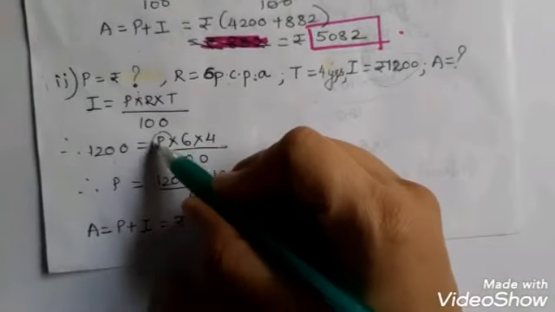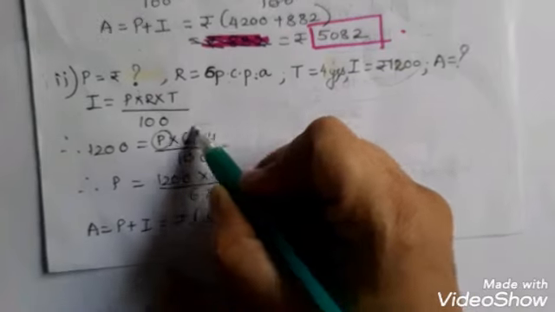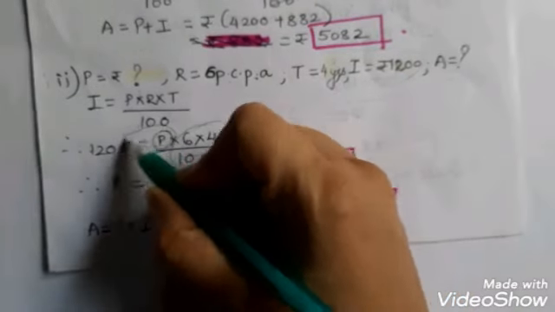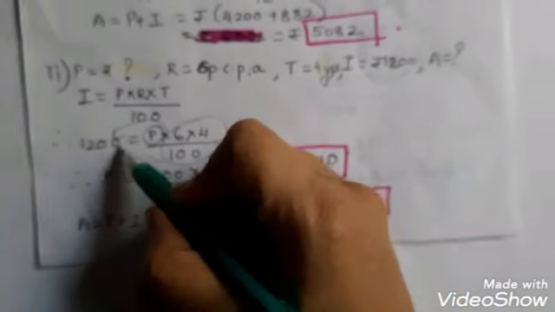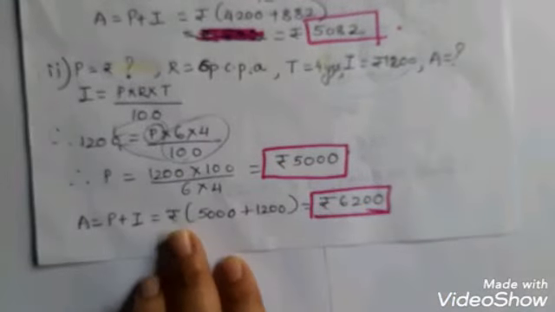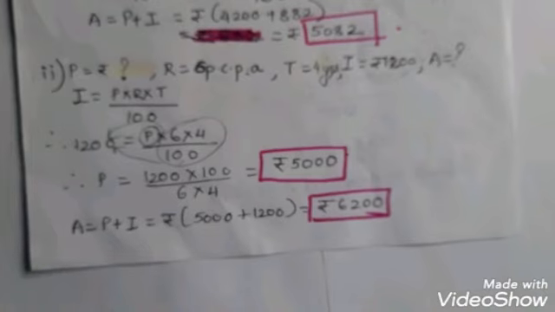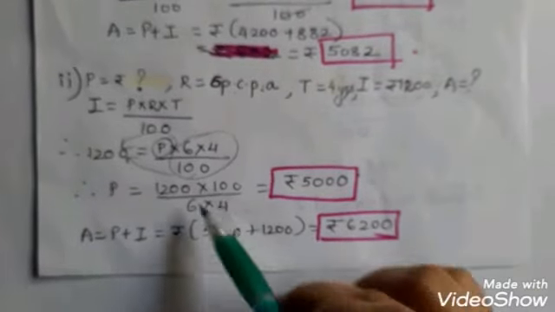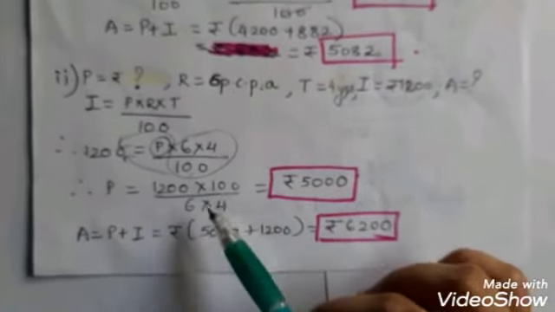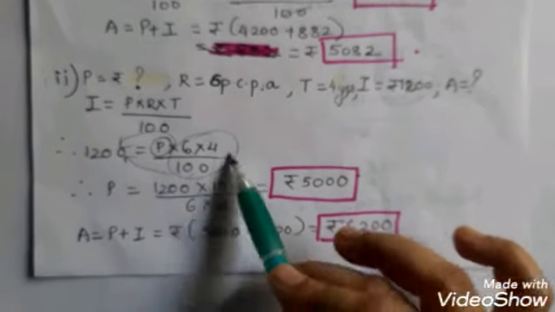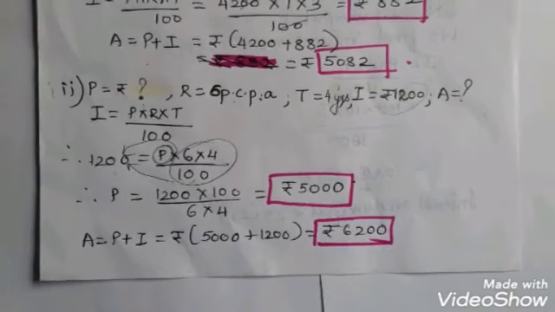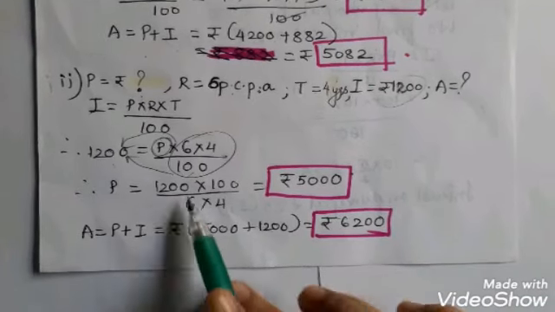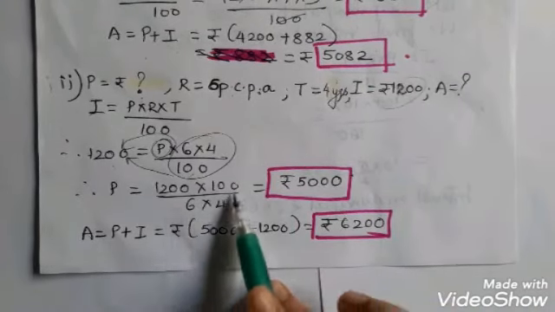We'll keep this P here itself and shift all the remaining terms on the other side. So this 100, when I shift it here, it goes in the numerator. So that is 1,200 into 100 upon 6 into 4.